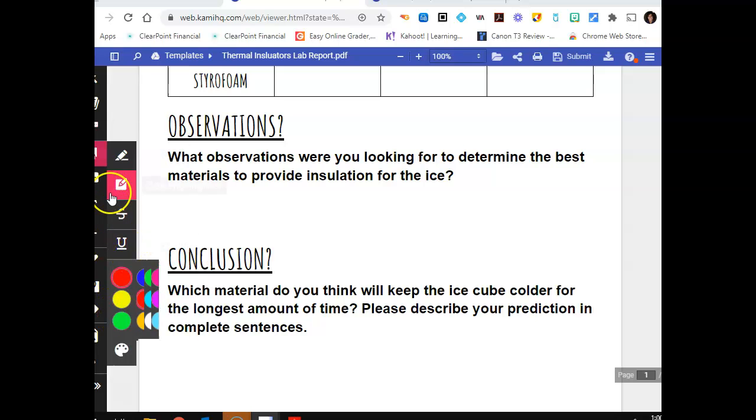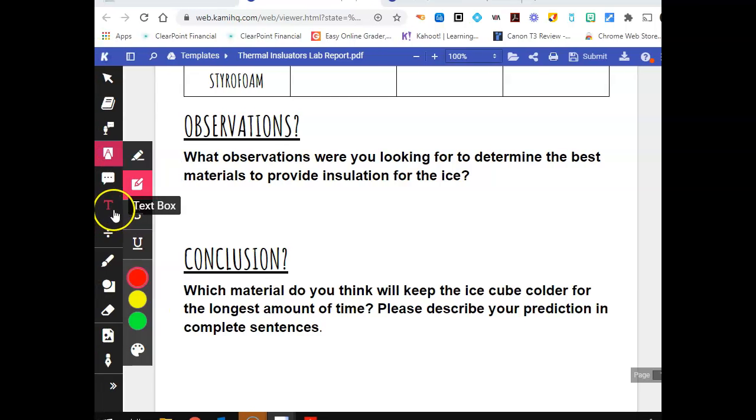When you look at this, there should be a box over here that has a T. Oh, here. It says text box. There's the T to add the text box. So you can click to add a text box.